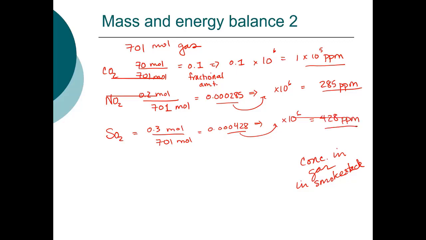You can see, actually, if we think about the coal, that 10% of that gas leaving is CO2. And if you think back at how much coal we burned in that 1,000 megawatt power plant, we're producing a very significant amount of CO2.